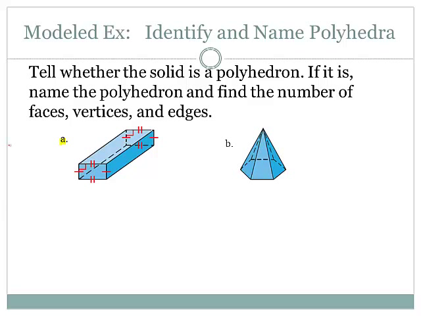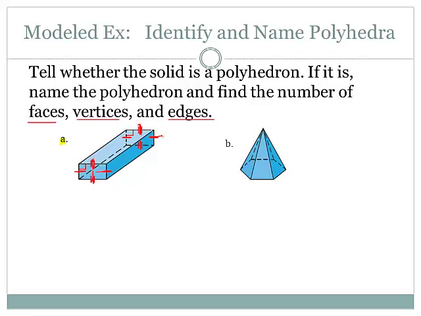Now, the number of faces, vertices, and edges, being able to count these is important. So what you have to do is figure out a way to keep track. What I do is I just mark them as I go. So this is 1, 2, 3, 4. And I have 4 over here, 1, 2, 3, 4.